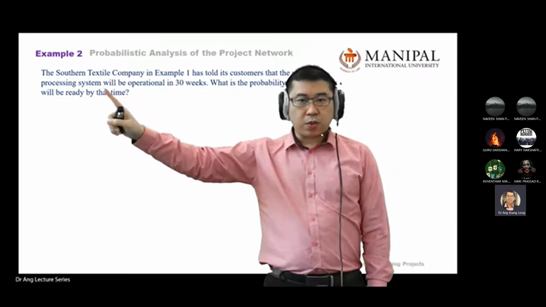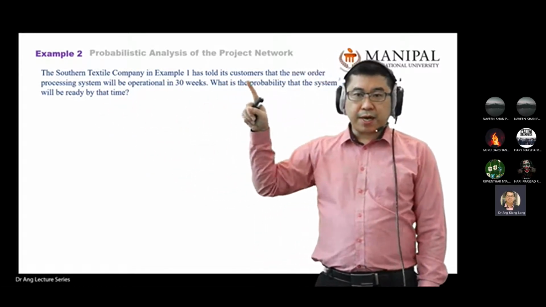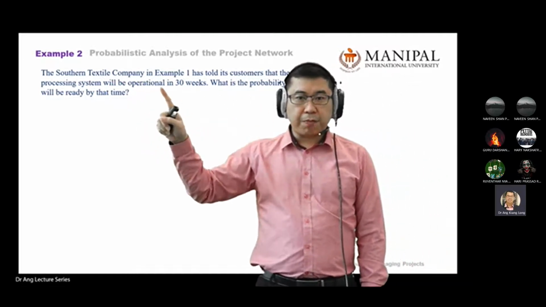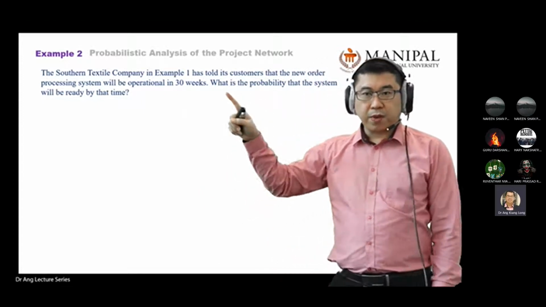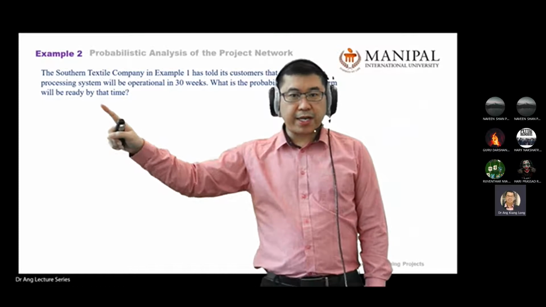Now the company has told its customer that the new order purchasing system will be operational in 30 weeks. What is the probability that this system will be ready by that time?